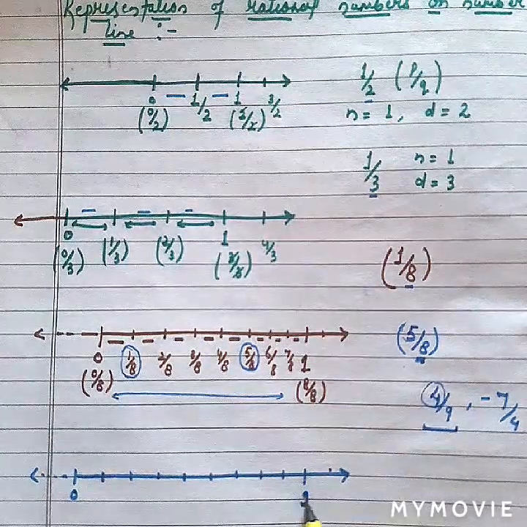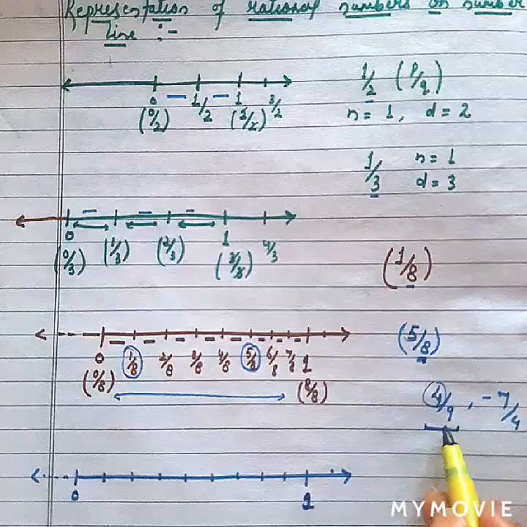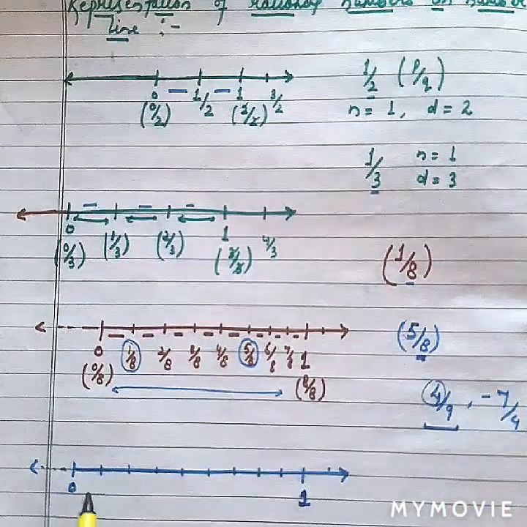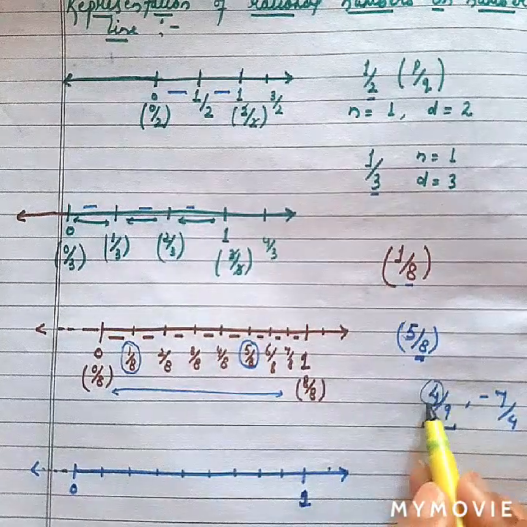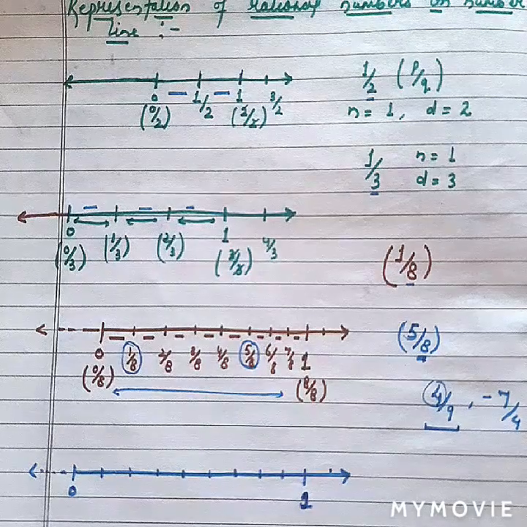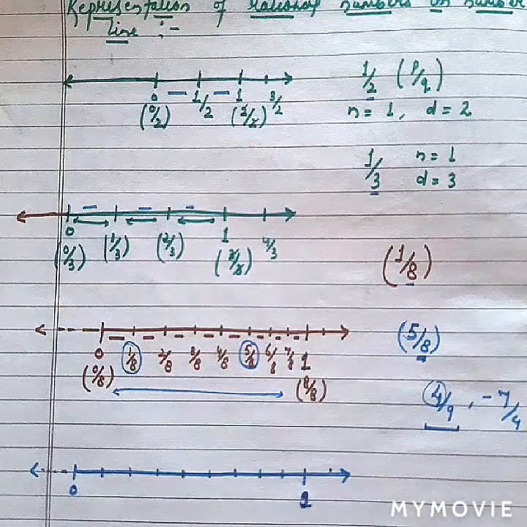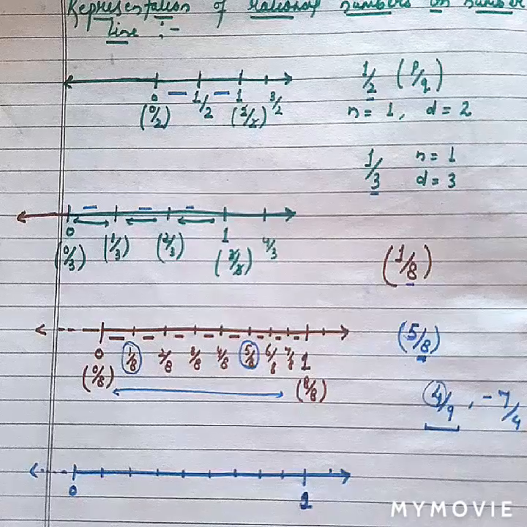Sorry, this is 9 and 1 will be over here. But we are considering the fourth portion, up to the fourth portion of this partition.